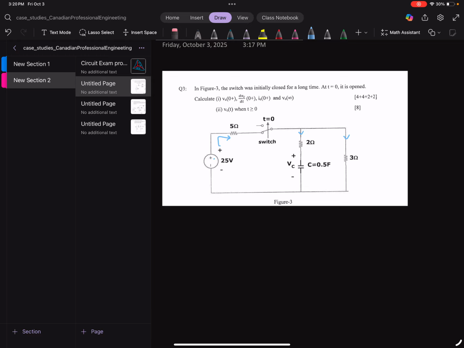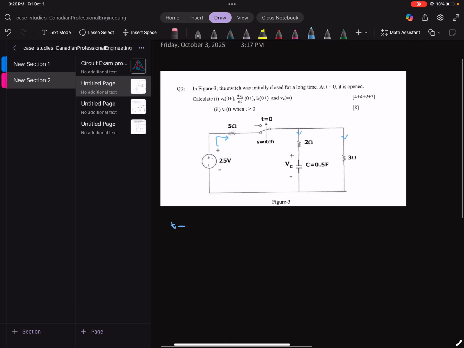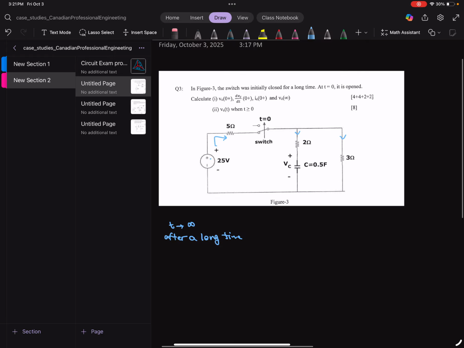Then after a long time, the capacitor is fully charged. When it is fully charged, it can't charge any more. The capacitor is like, I'm done, I'm full, don't let any current through me. So that means that after t goes to infinity, after a long time, the capacitor C becomes fully charged.